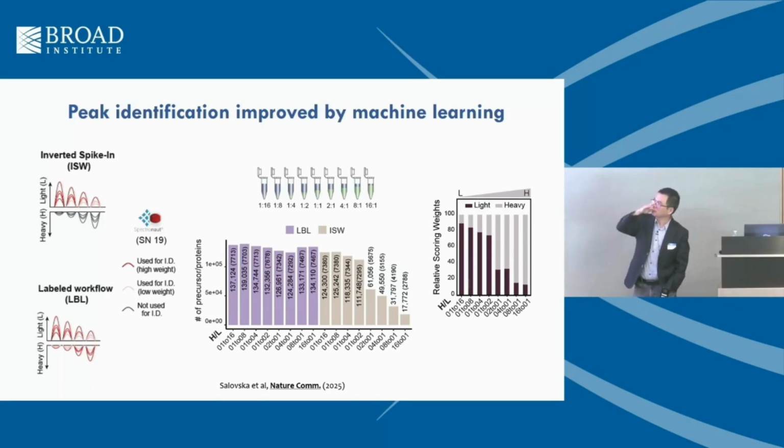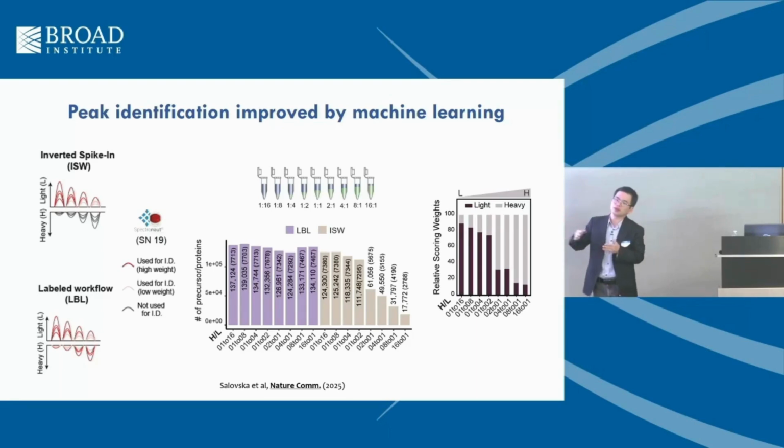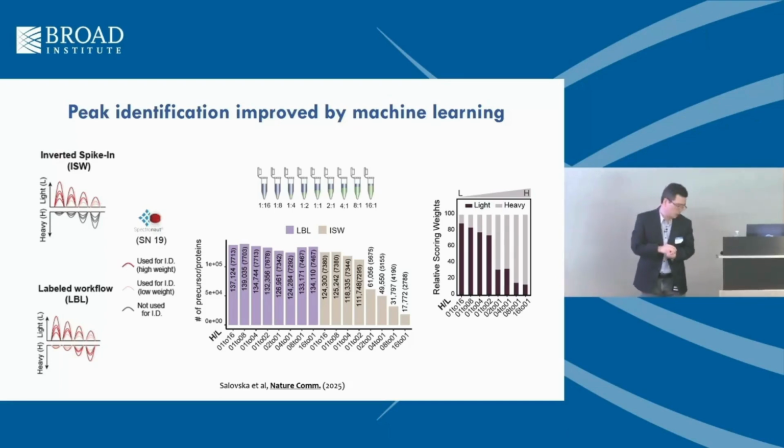Previously, because we focused a lot on DeltaSILAC, we cared a lot about those samples with more light signal. So that's why we have this ISW workflow. Recently, with the label-free workflow, we can see this is actually not only working for the DeltaSILAC sample, but also for the SILAC sample. Or for the mDIA sample or the plexDIA sample, because in those cases, you do not need to assume that light is always higher than heavy. So basically, this is all computational.